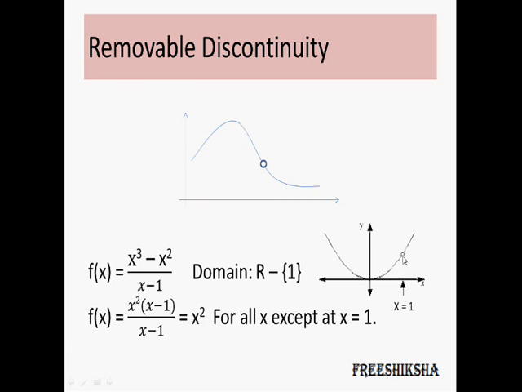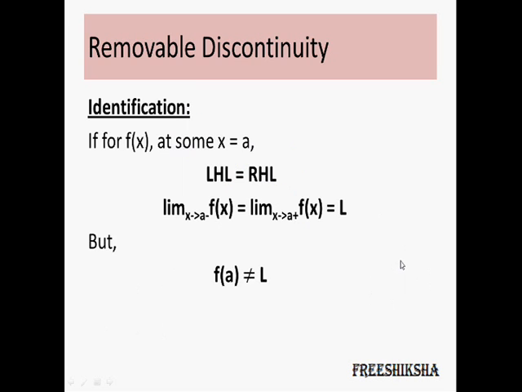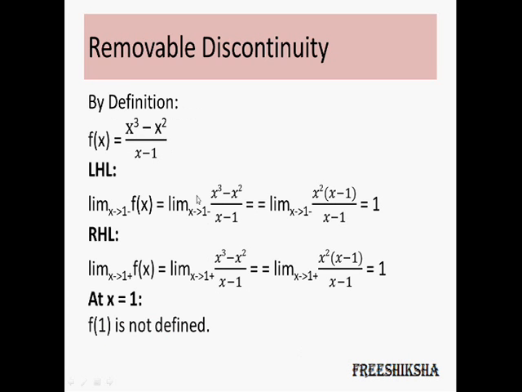You can see that at x is equal to 1 the value is not defined, but the values on the left hand side and the right hand side, the limit value, will be the same because it's approaching the same value from both the sides. So the left hand limit is equal to the right hand limit but the function's value at that point is either not defined or not equal to the limit. And if something like this happens, we say that it has a removable discontinuity at x is equal to a.